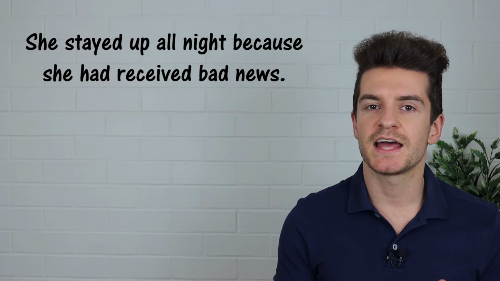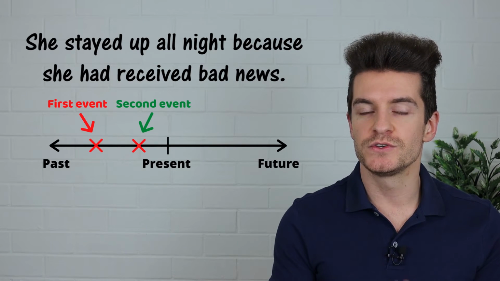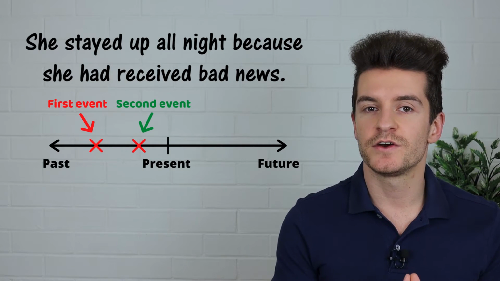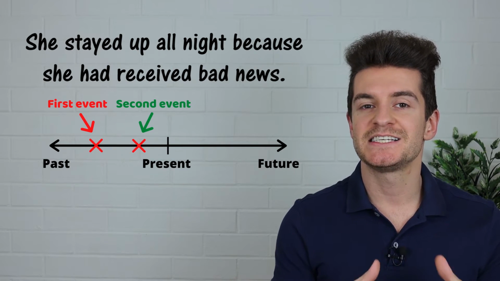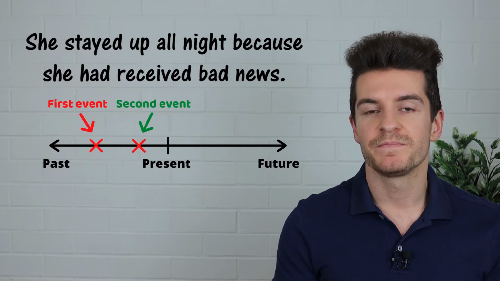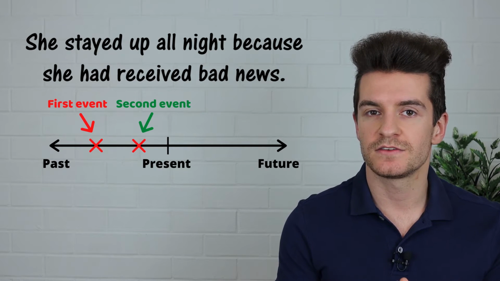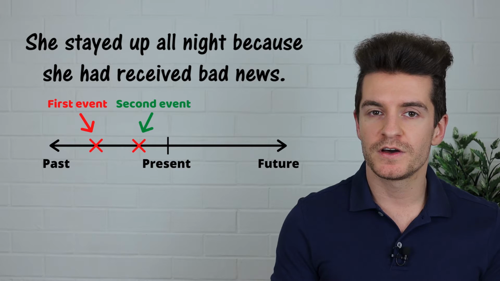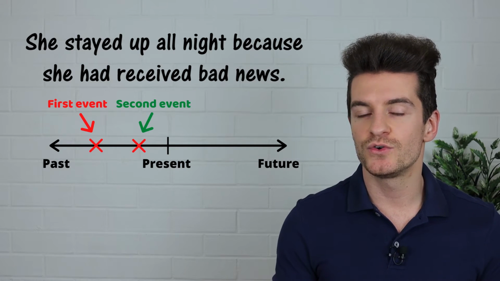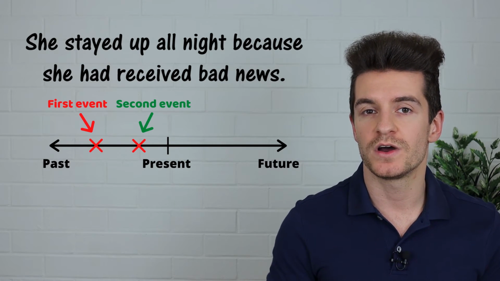So this is saying that she received bad news first. This is the first event in the past. And then second, she stayed up all night. This is the second event. We want to emphasize that the bad news happened first and then she couldn't sleep. She stayed up all night.